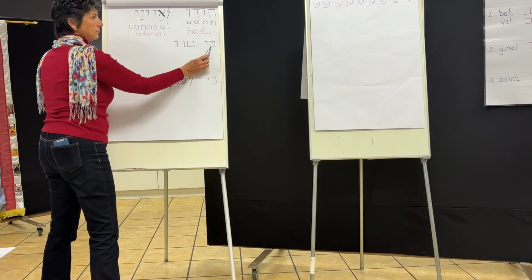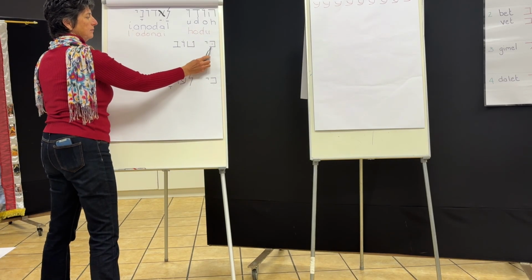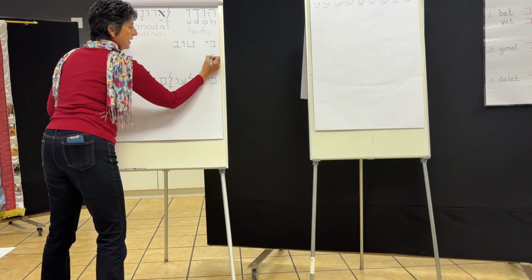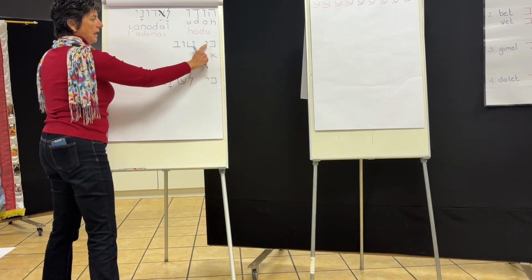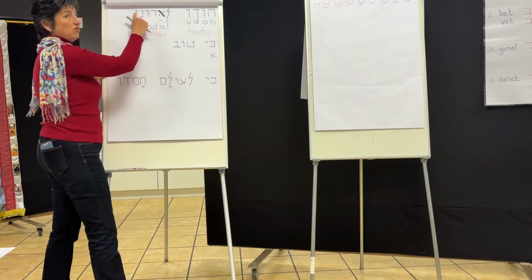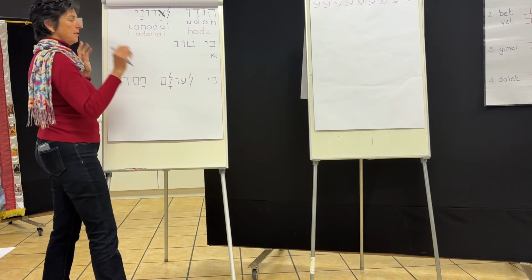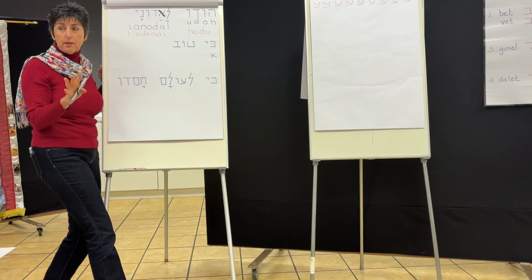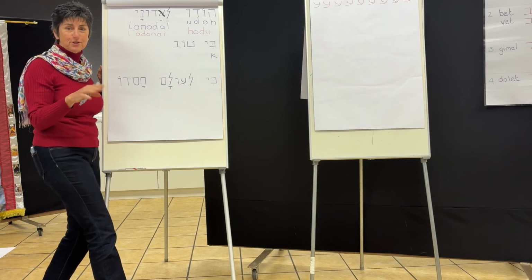What's this one? First one we learned today, new one. Kaf, which is K. Now, when we've got the Yud, and that's what it really should have been here, but Biblical Hebrew has some of its own rules. Just learn it like that.